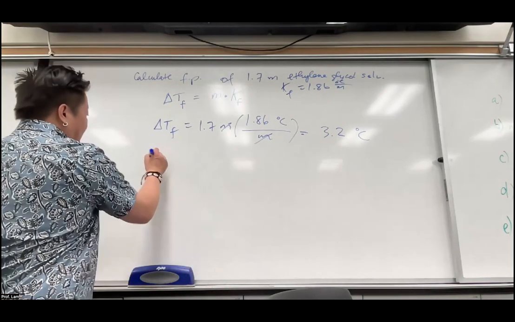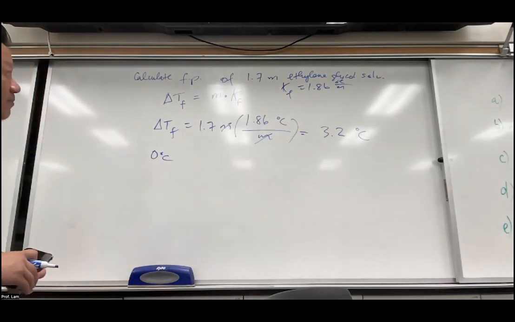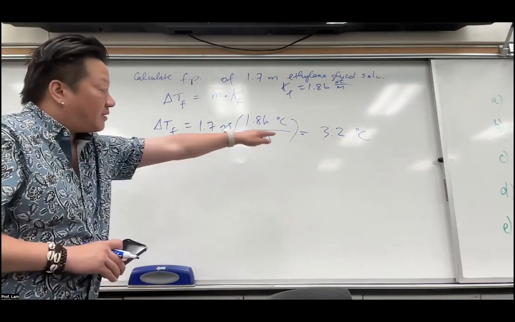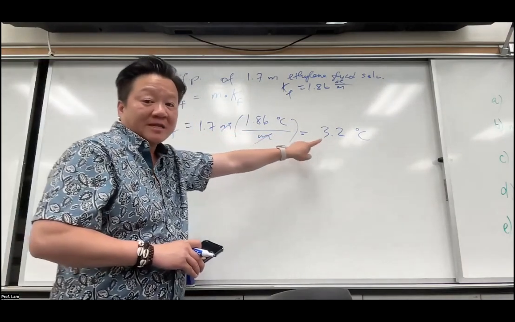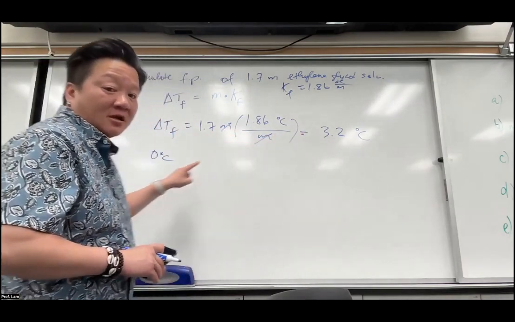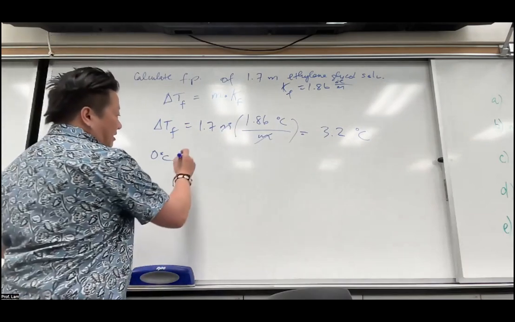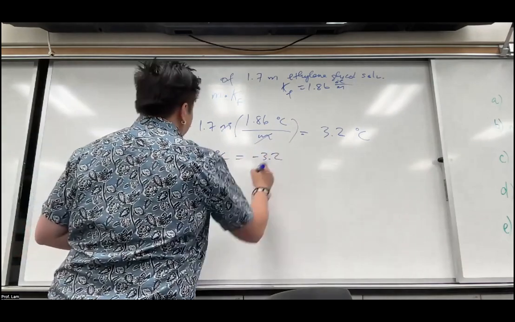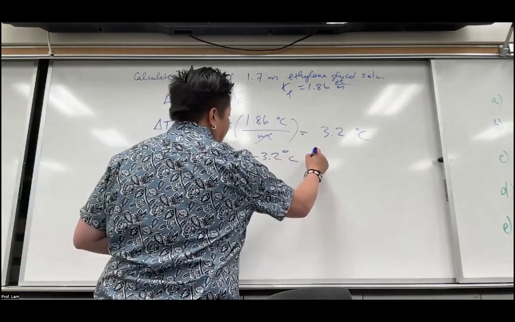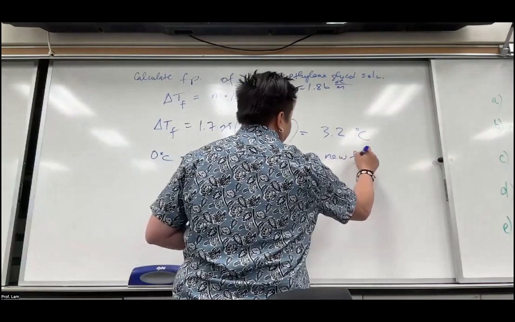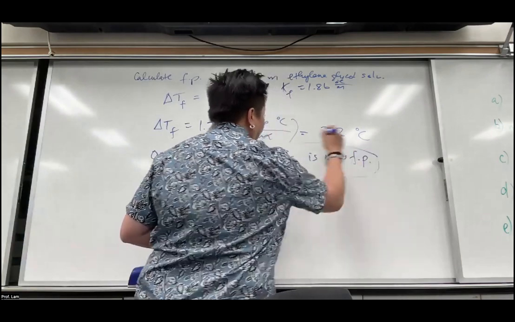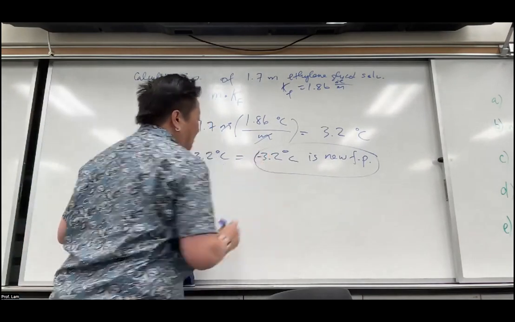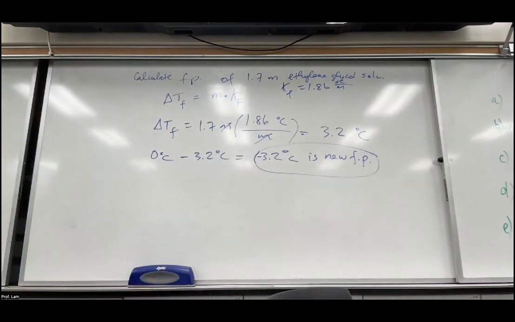We know that it is 0 degrees Celsius, right? So since it's a freezing point depression, 3.2 tells you how much lower it is than 0. So that's why you subtract 3.2 degrees Celsius. So it's negative 3.2 degrees Celsius is the new freezing point. Makes sense, right? Okay.